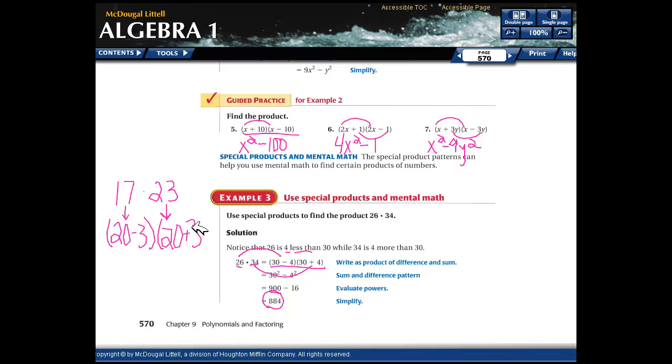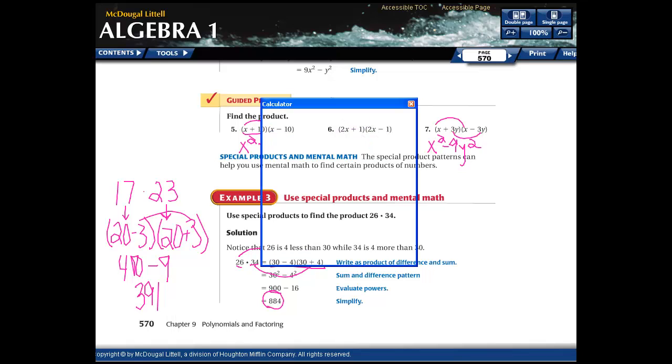Now we can use that same sum and difference pattern. 20 times 20 is 400. Multiply those together, you get minus 9. So 17 times 23 is 391. And if you don't believe me, you can just get out a calculator and check it.